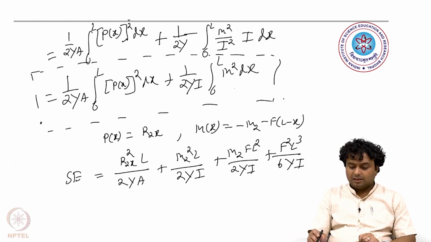You can get this by just putting the M values and the R2x and integrating it.